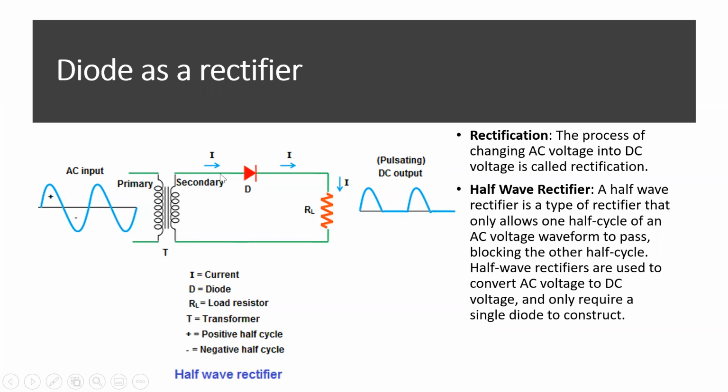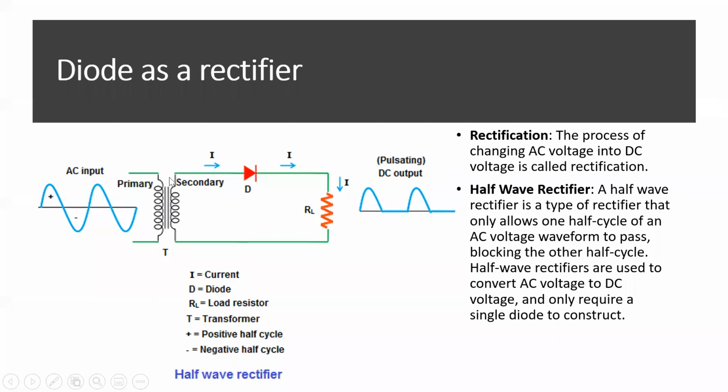Now, when you connect it to a diode, we know that this is P type and the dash is N type. So current can flow in the direction of the arrow mark and current cannot flow in a direction opposite to the arrow mark. Now let us consider the positive half cycle.